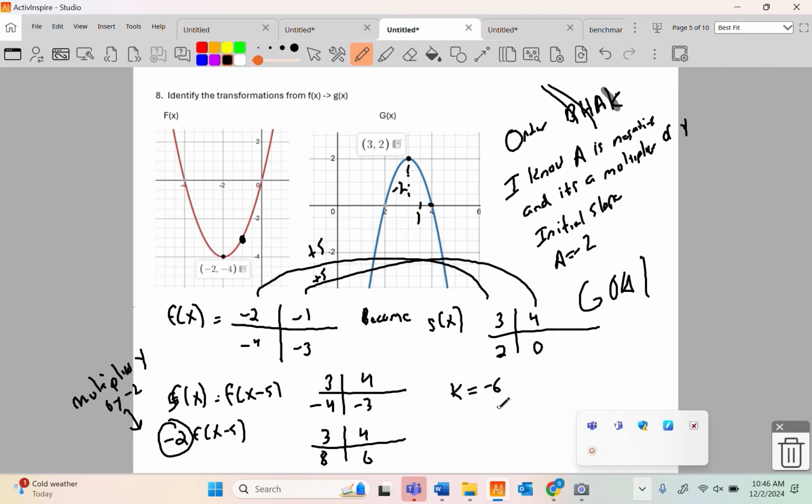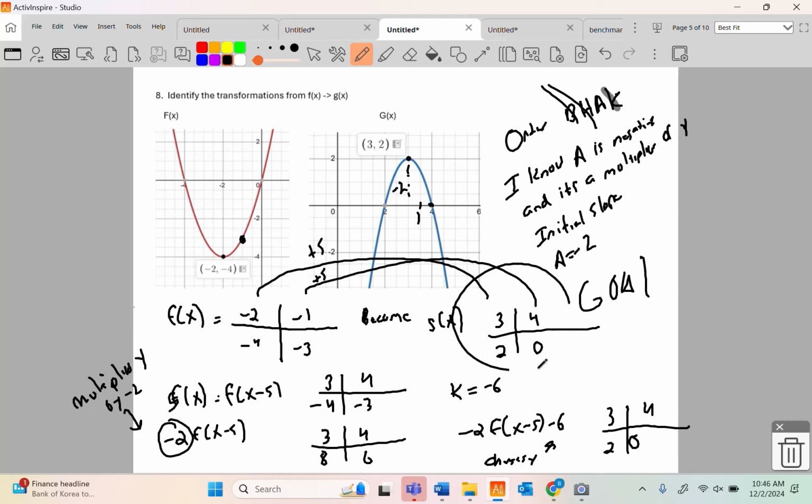So that's going to be the next thing I do after I get this little box out of my way. So I'm doing -2 f's of x minus 5 minus 6. And again, this only changes y. And like, I know tables are confusing and all that stuff, but 8 minus 6 is 2, 6 minus 6 is 0, and I match my goal.